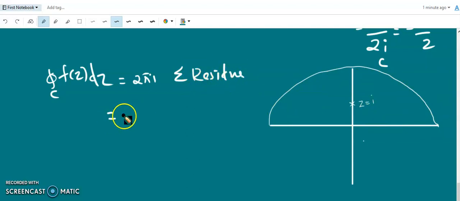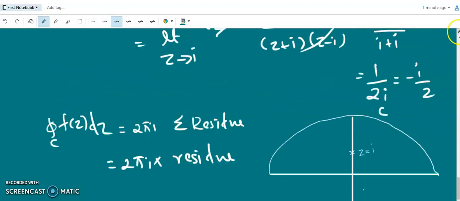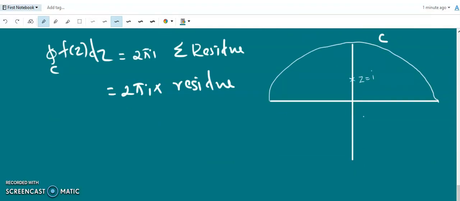There is only one residue, 2 pi I into residue. We have already found that the residue at this point is minus I by 2. 2 pi I into minus I by 2: 2 and 2 cancel, I square is minus 1, minus minus is plus. So we have this integral equal to pi.